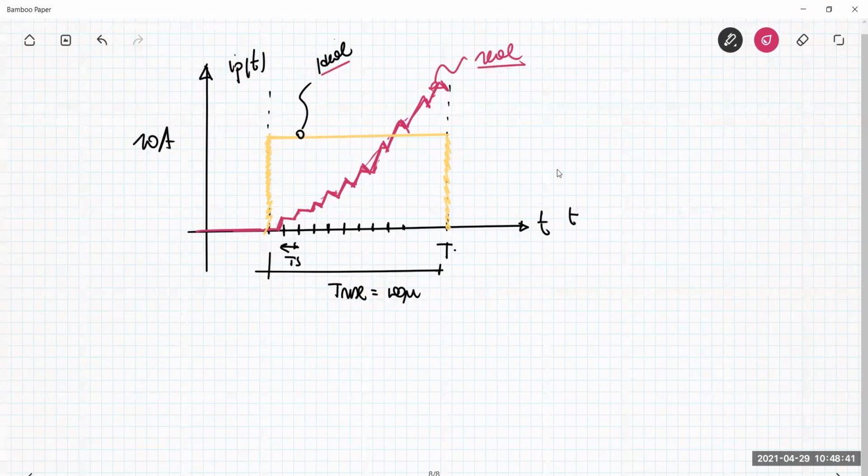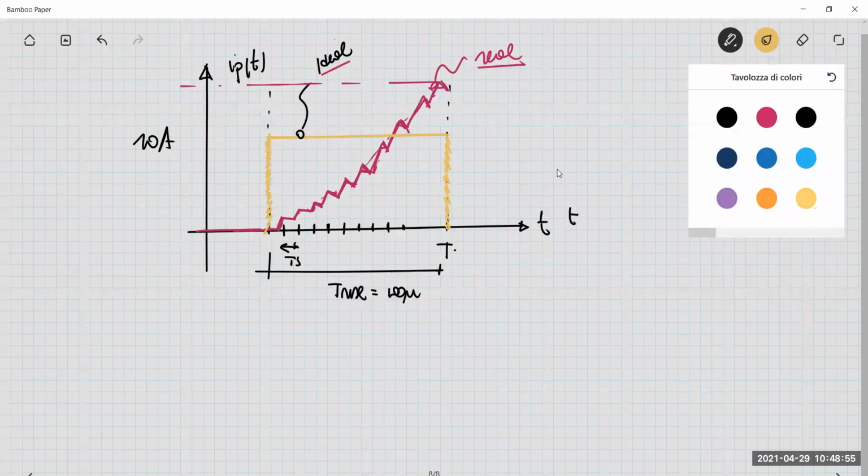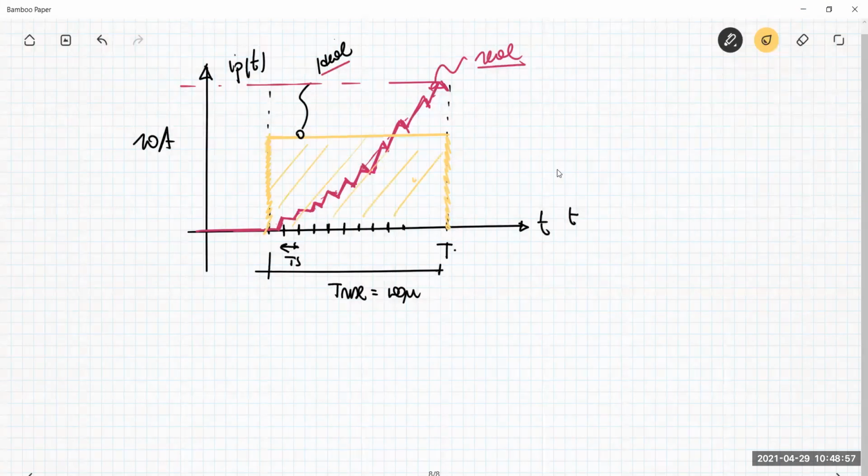Why do I have a current in amp which is lower than the maximum value I reached here? Because remember what I said in the previous discussion, the area under the current is the charge, which is 1 millicoulomb. That is exactly the charge I need for the voltage across the piezo actuator to increase from 0 to 200 volt.